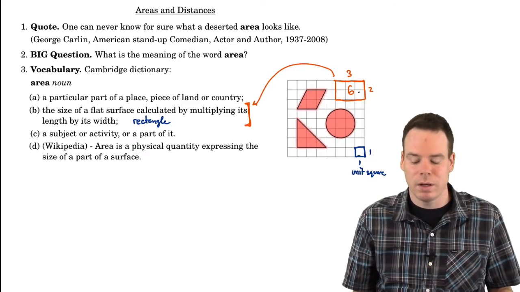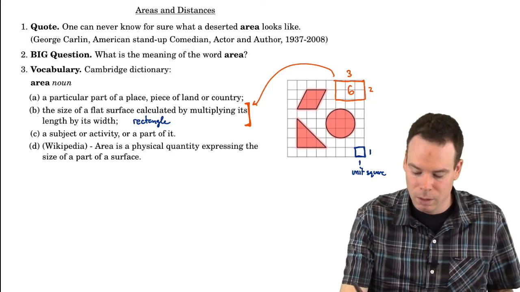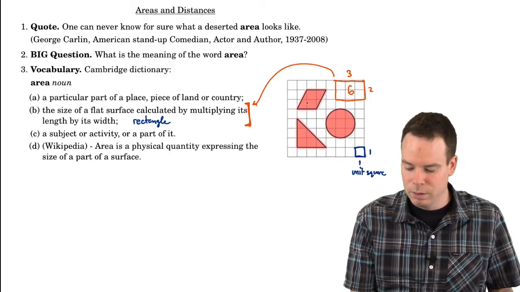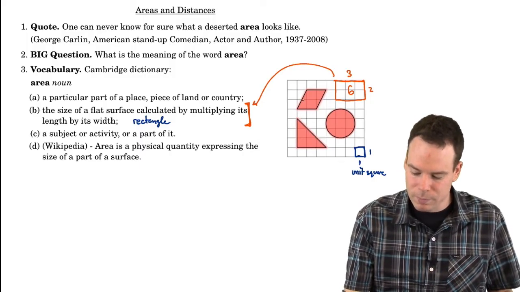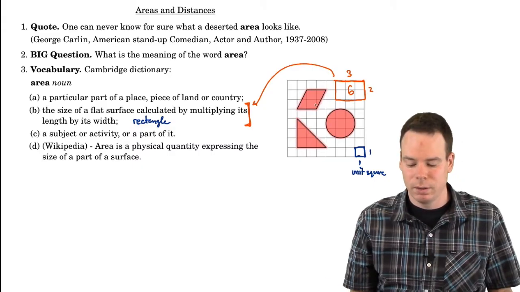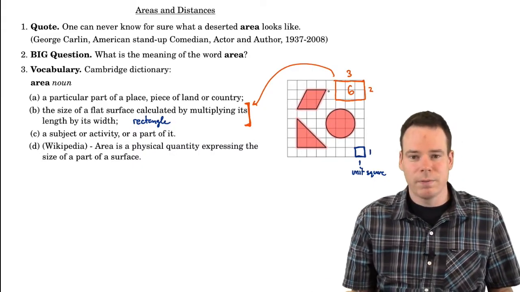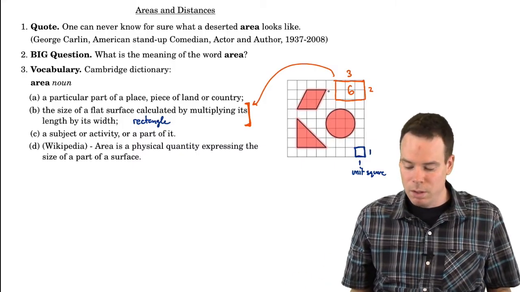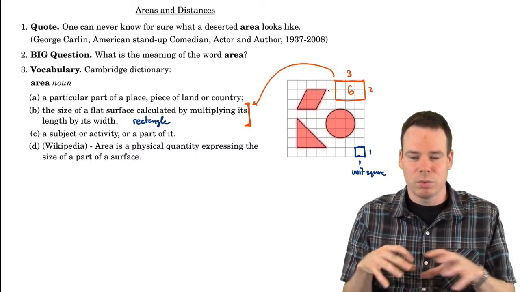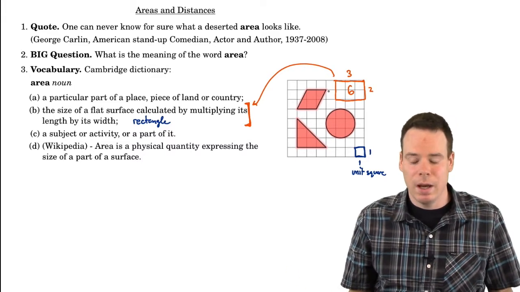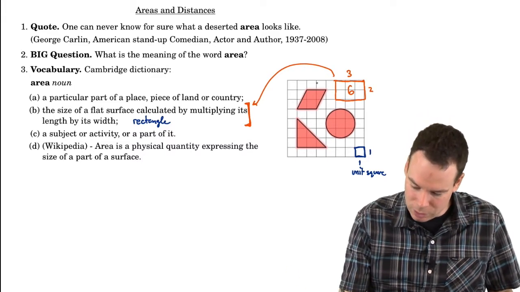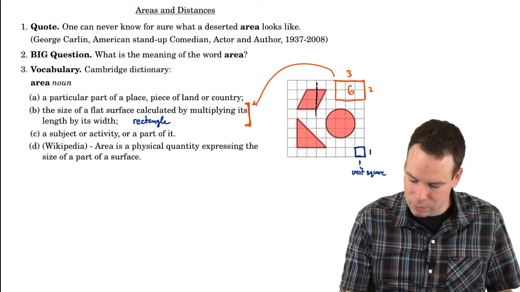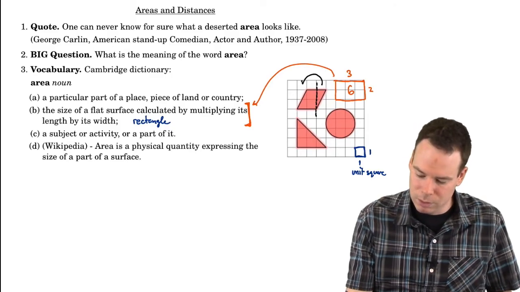But what about things that aren't rectangular? What about, for example, this region here, this trapezoid? How do we find its area? Well, again, we're trying to figure out how many unit squares does it take to fill it up. So one thing we can note is that by cutting up a region and rearranging the pieces, we don't change the area. So I can imagine cutting off this portion of the triangle and then just moving it to the other side.